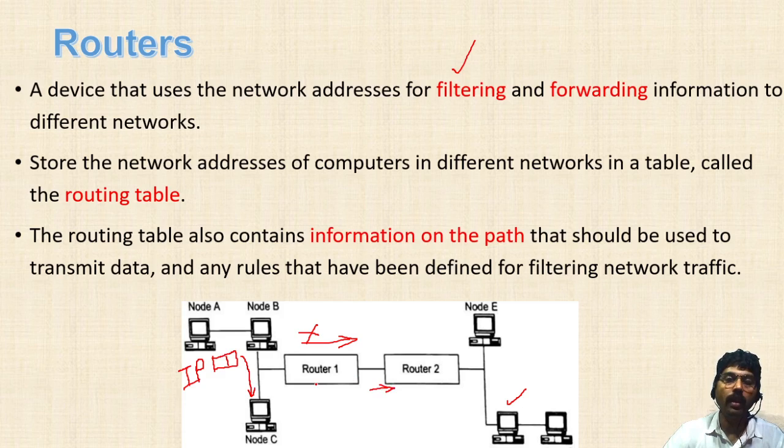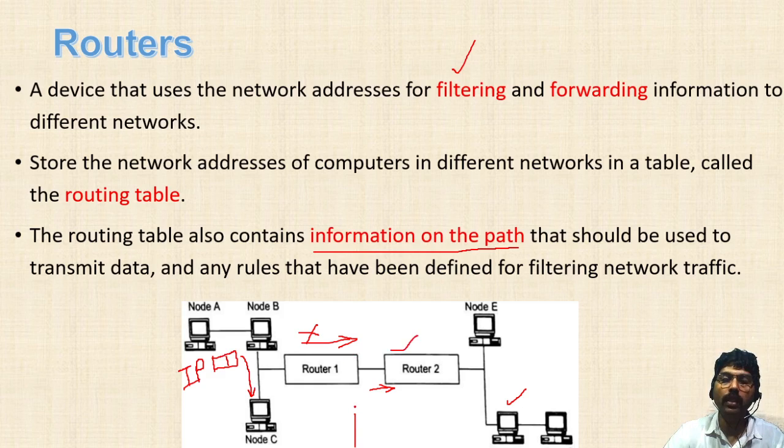This router already maintains some paths. It also contains information on the path: if I want to send data to node D, which router do I have to pass through? This router already knows, so it sends it to router 2.